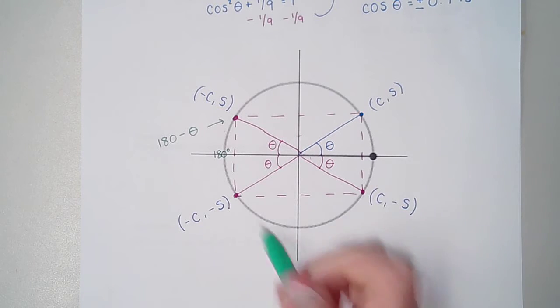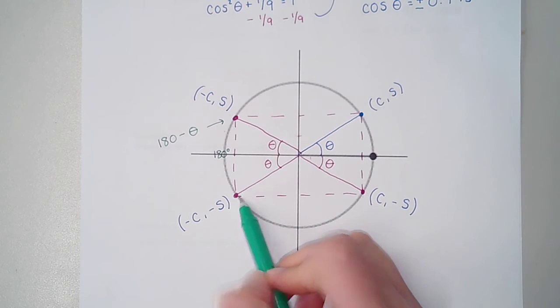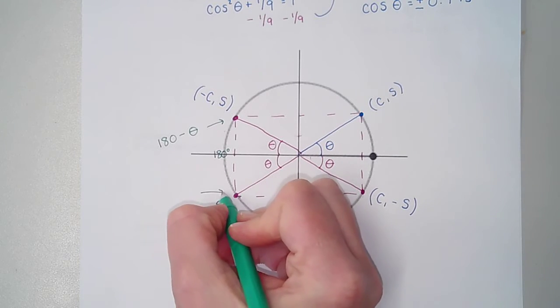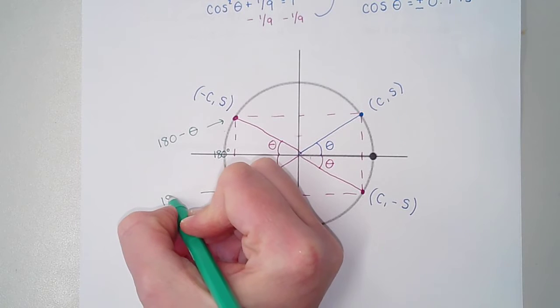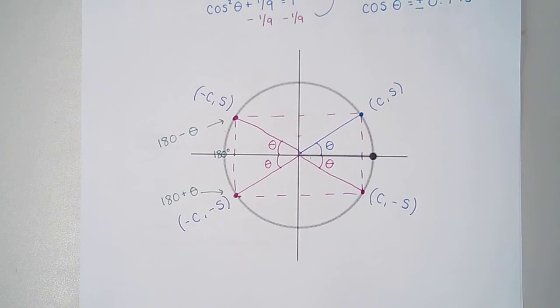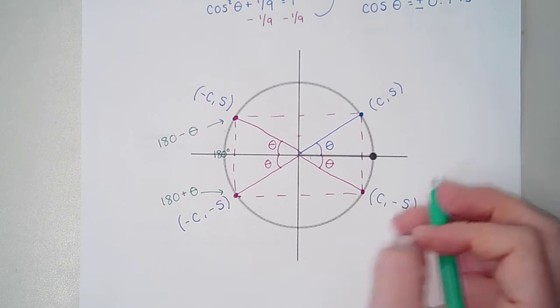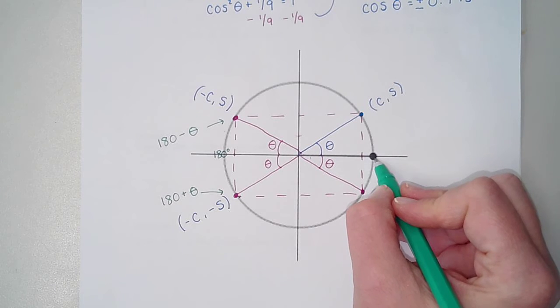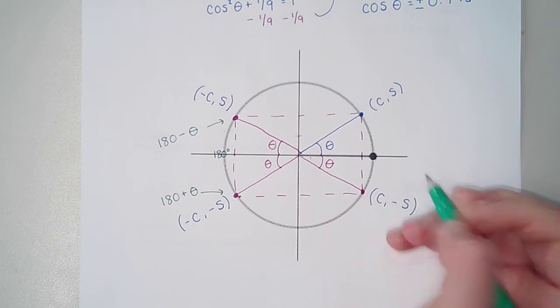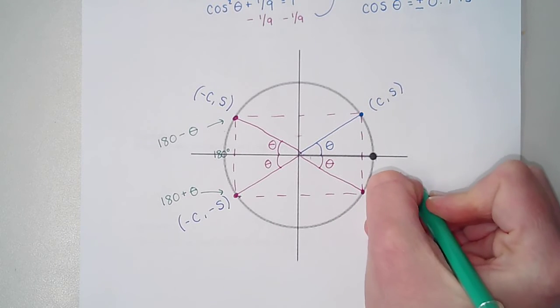In a similar fashion, if this is 180 and I'm going theta past 180, I can call this angle 180 plus theta, okay? And then this angle here, two different ways you could think about this. I usually think of this as being 360 and then subtracting theta. So we could think of this as 360 minus theta.